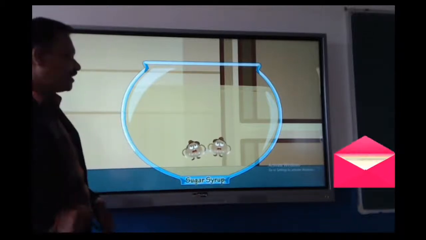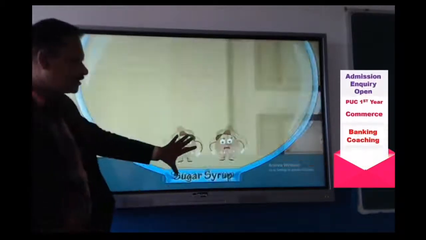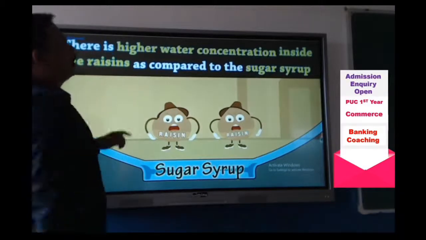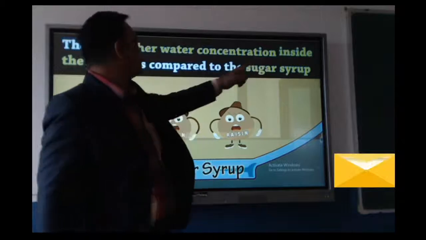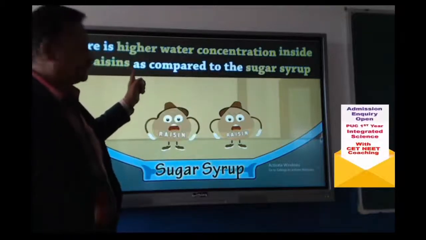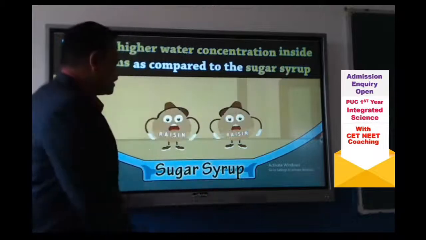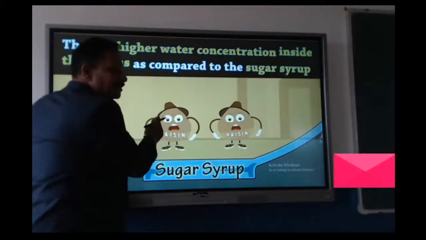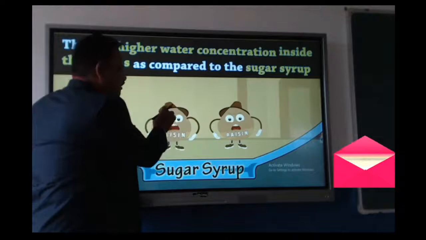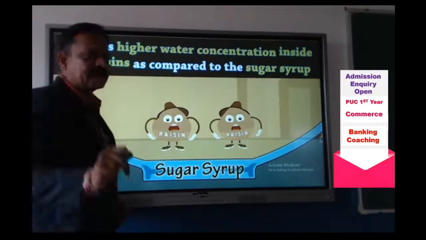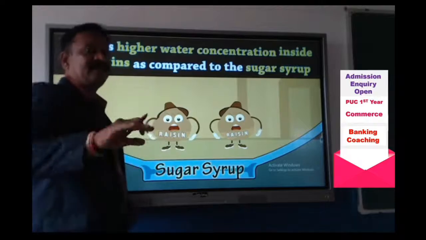Now what is happening? Just see. The volume is already bigger. There is higher water concentration inside the raisins as compared to the sugar syrup. The purity of water is more inside these raisins compared to the outside. Outside, the sugar concentration is more.